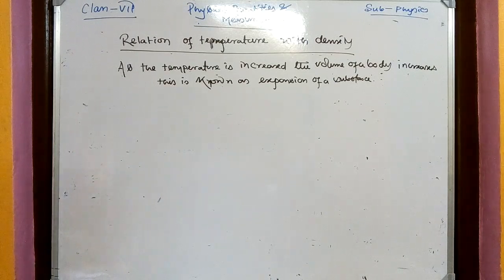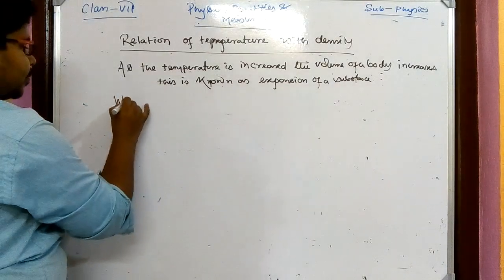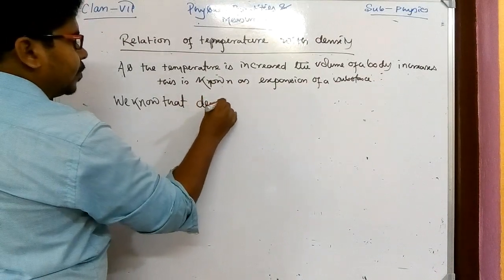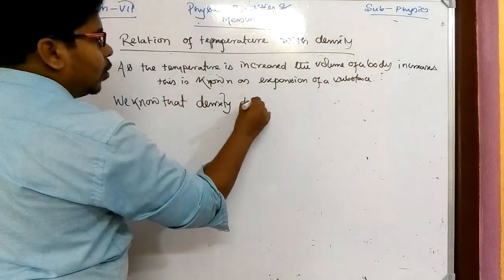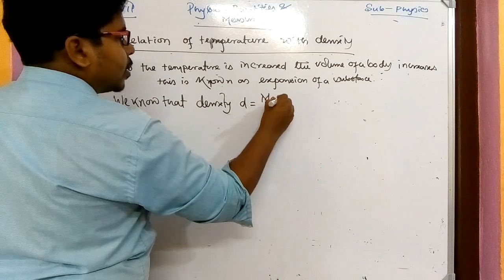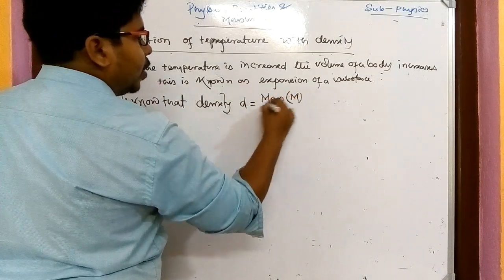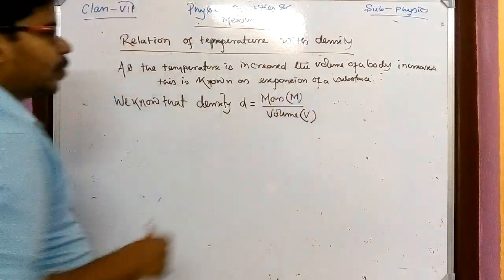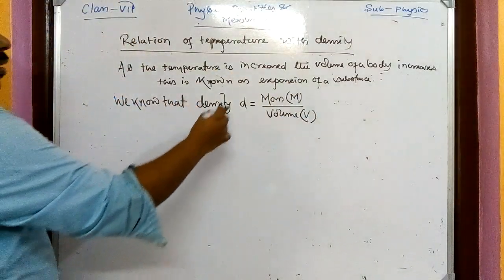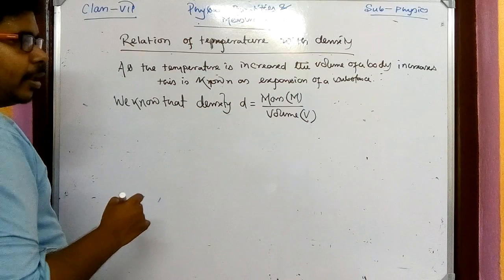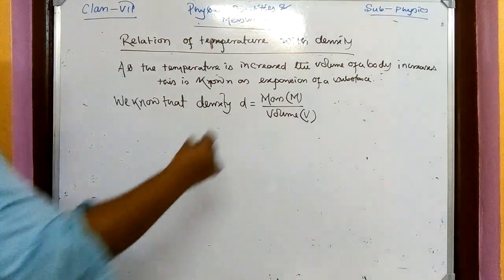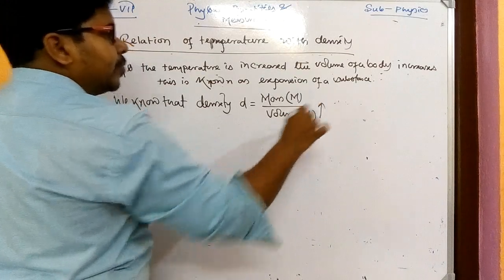Now we know that density D equals mass M by volume. As D equals M by V, if you increase the temperature, the volume will increase.